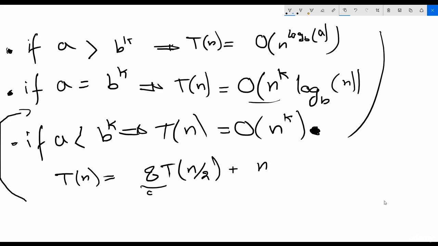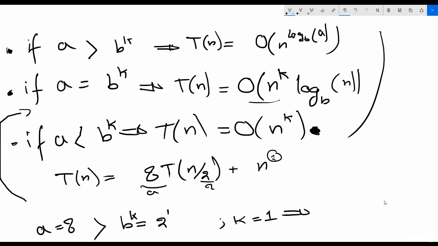So basically we have a equals 8, b equals 2, and k equals 1. So let's write that. We have a equals 8, b equals 2, and k equals 1. So b to the power of k equals 2 to the power of 1, so that's 2. We have 8 is bigger than 2.